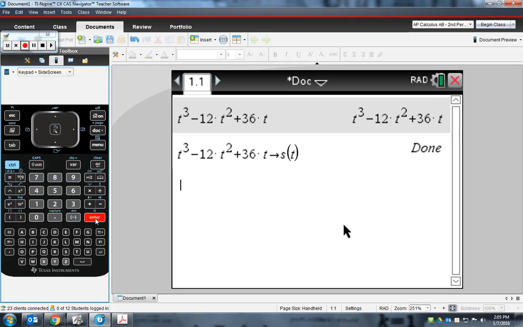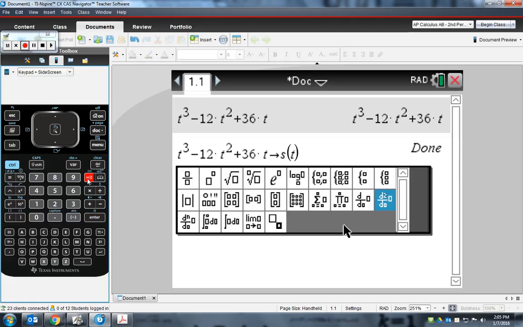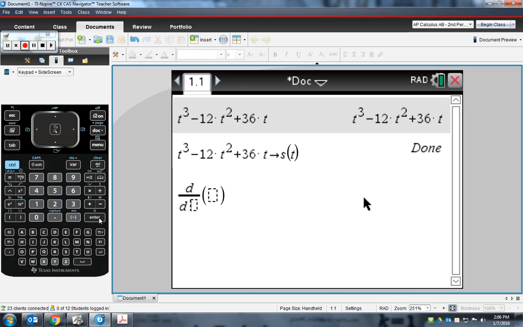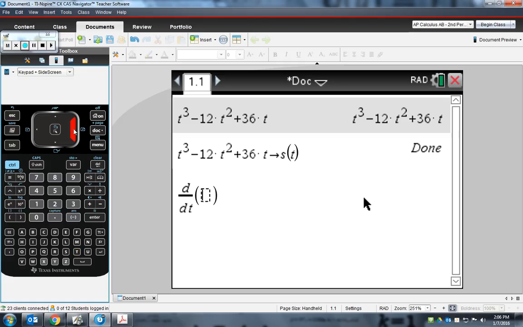Take the derivative and evaluate it at 3 seconds. Now watch. Two ways to do it. You tell me which one's correct. This button right here, I'm going to take the first derivative and I'm going to put what letter right here? T, because that's what I'm in respect to. So T, and I want to know whenever it's at 3 seconds.